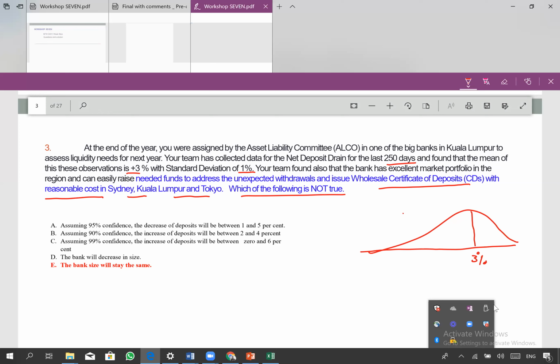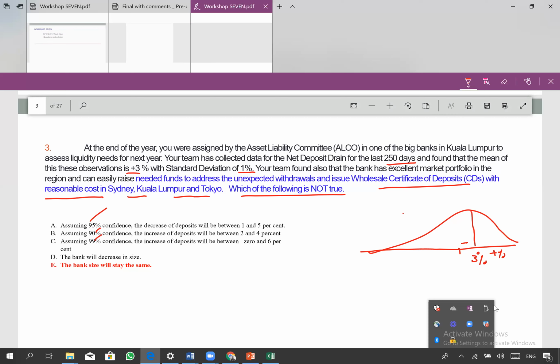Now, if we take this statement, the blue one, which I highlighted in blue, you can say it's 3% with a standard deviation of 1. Either you can take 90 or 95, depends on the standard deviation. So in here, for example, I tried to confuse you. We are saying 90%, which means 3% plus 1% and minus 1%.